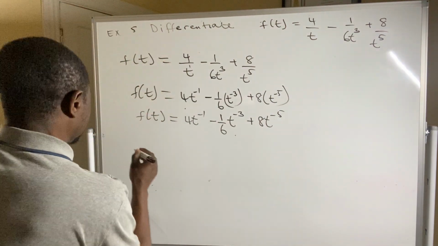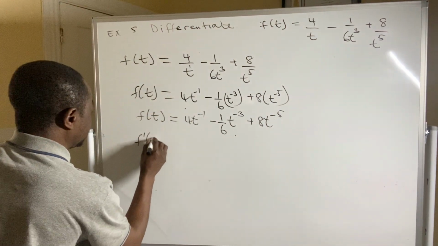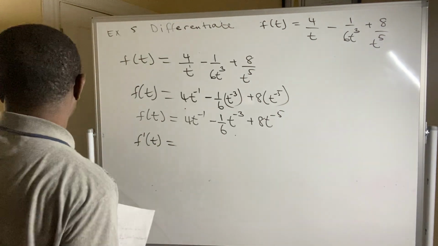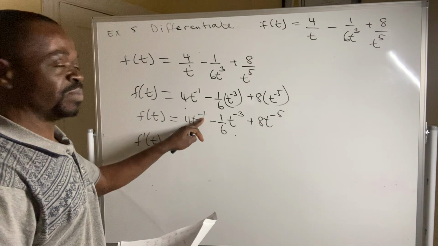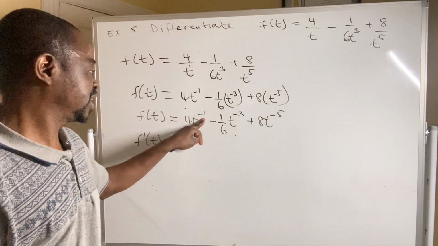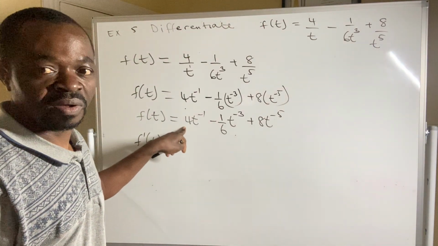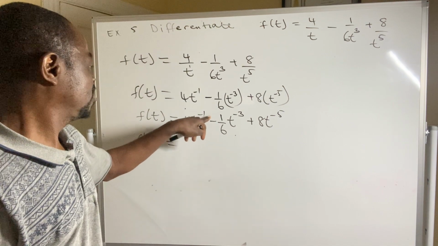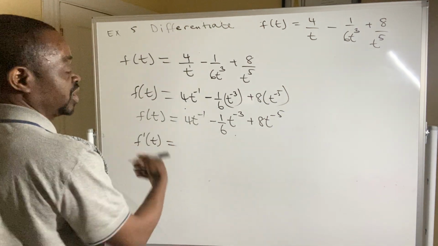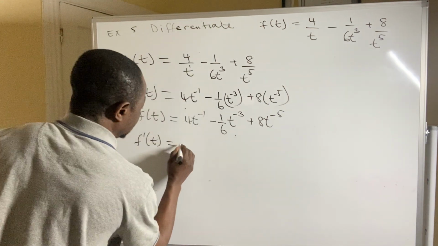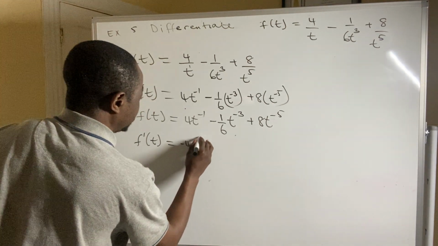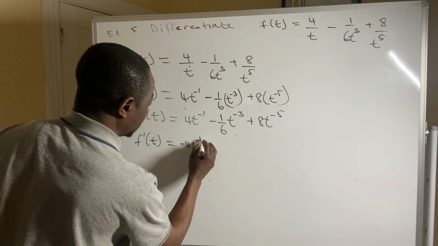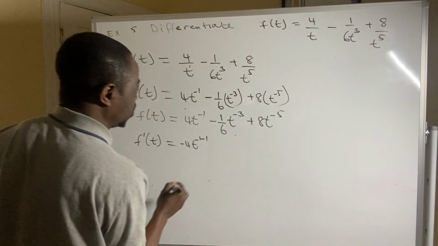All right, so our f prime of t is now equal to, so this power is minus 1. We bring out the power, multiply by 4, and then reduce the power by 1. So minus 1 multiplied by 4 gives us minus 4, then t to the power minus 1, then you reduce the power by 1, minus 1.